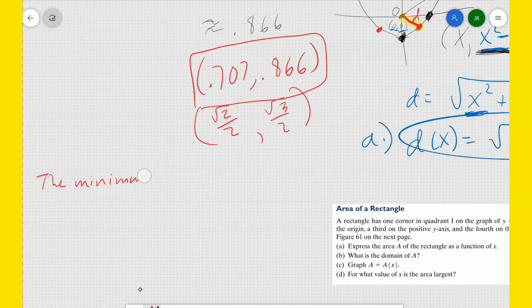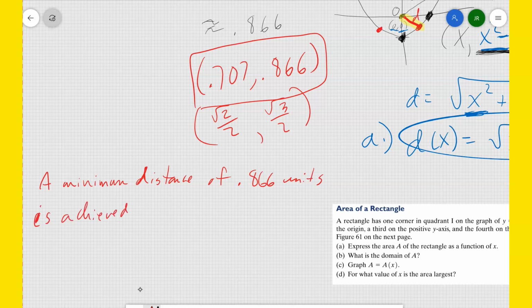Let me try this again, a little bit neater. A minimum distance of 0.866 units is achieved when x is 0.707.